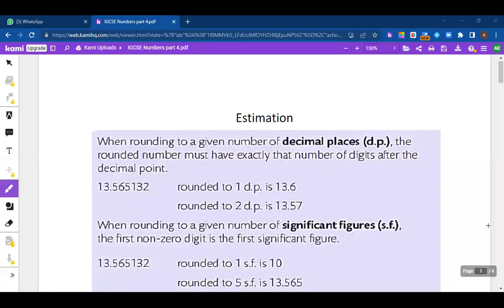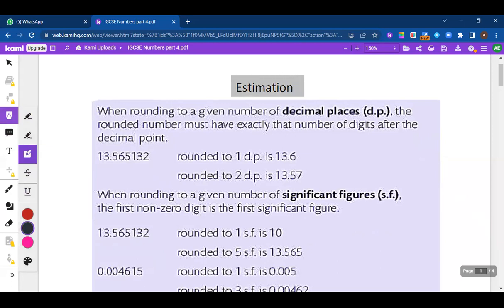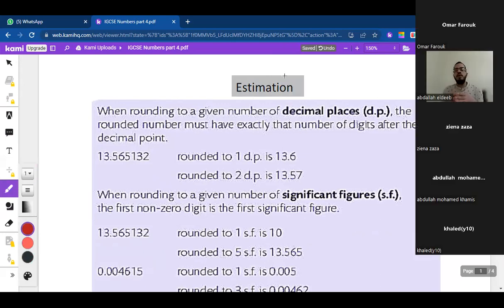About estimation. Actually, guys, in math we have some terms like estimation, rounding, approximating, scientific notation, significant figures, and accuracy.